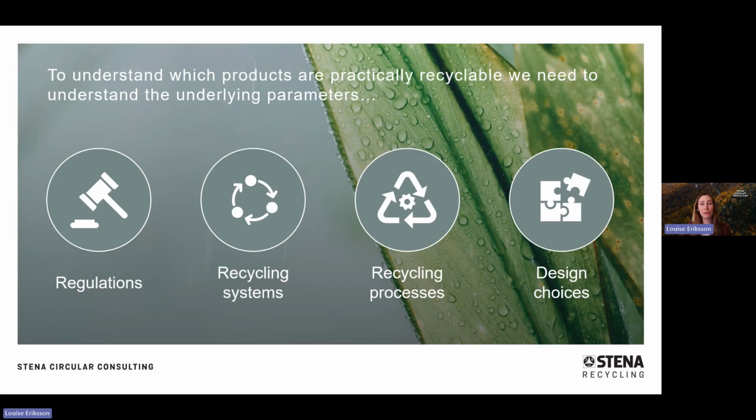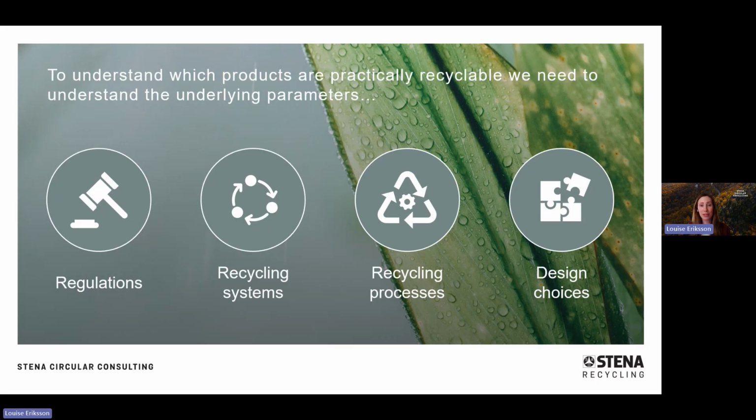And the first one is regulation. We need to understand what regulations are affecting the product at its end of life. Is there, for example, an extended producer responsibility for the product? We also need to understand what the recycling system that the product belongs to looks like. So what actors are involved, where geographically will it be recycled, and so on.